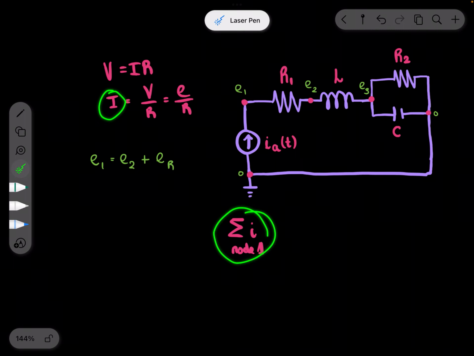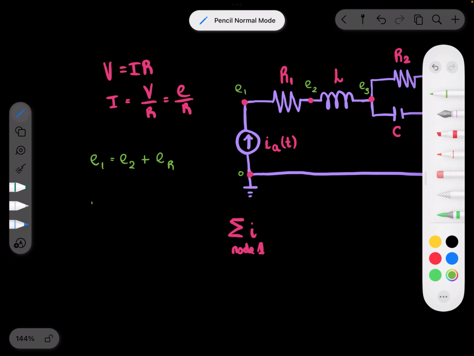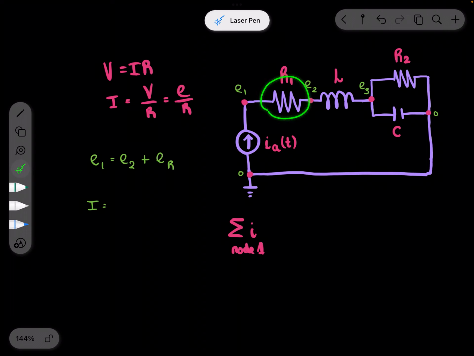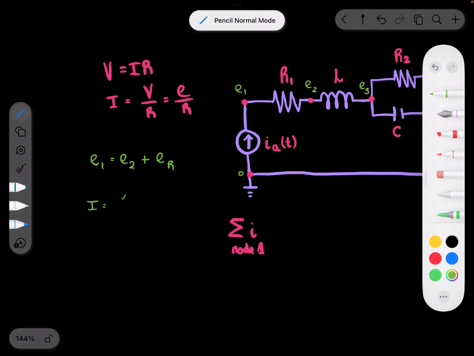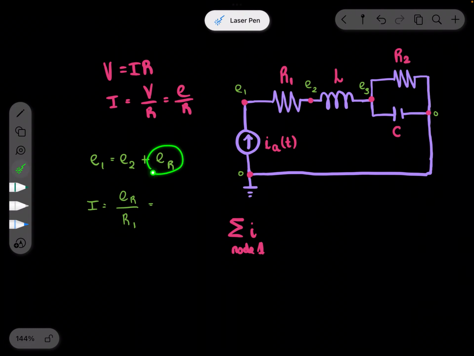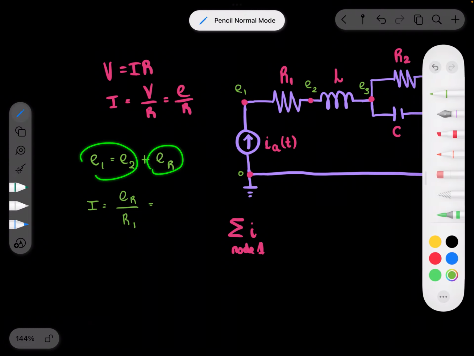And in terms of I, since we're writing everything in terms of I, the current through the resistor is going to be the voltage, ER, over the resistor, so ER over R1, resistor 1.